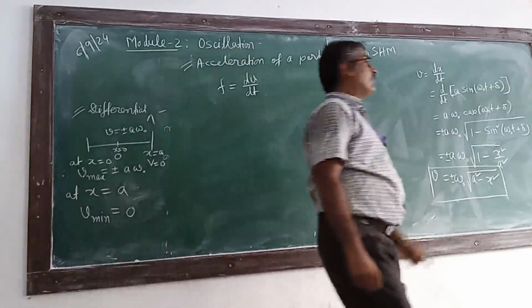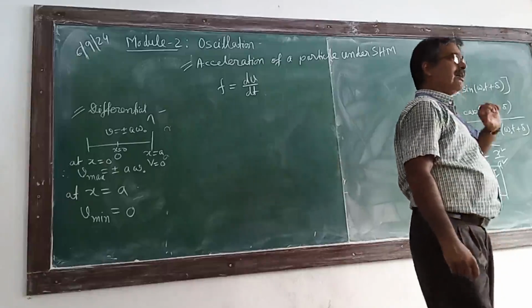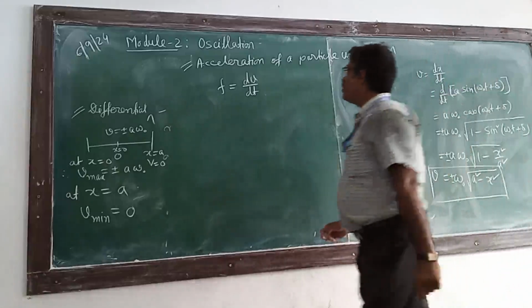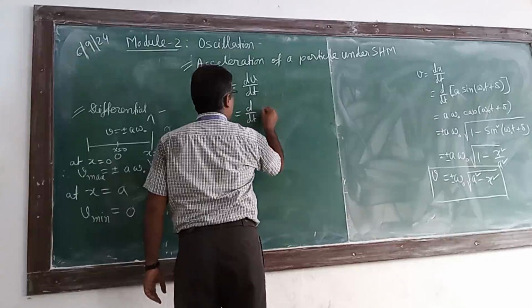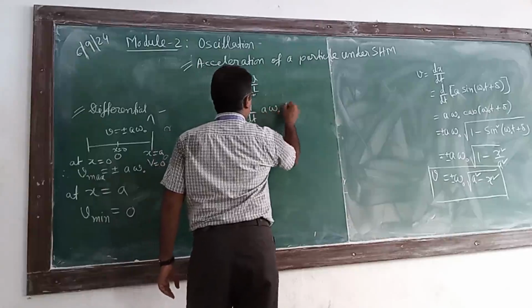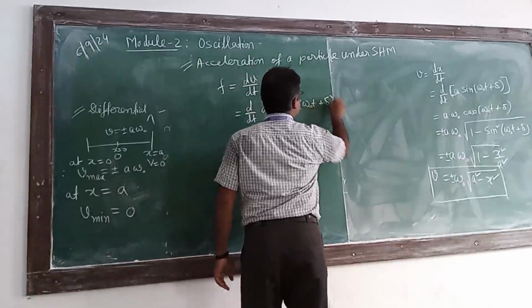And we don't take A. Why? Because A is the amplitude. So no f here; f equals dv by dt. So this is equal to d by dt of a omega naught cos(omega naught t plus delta).